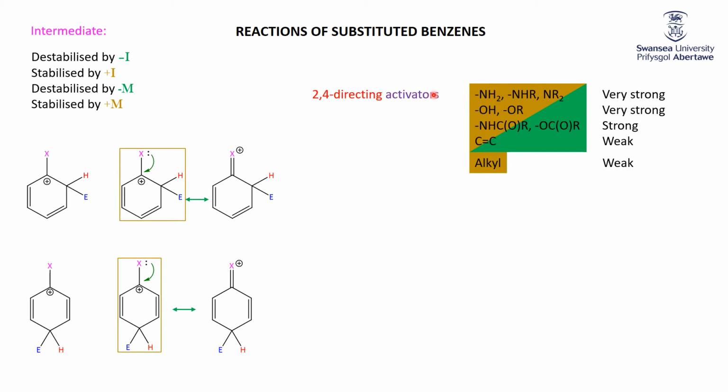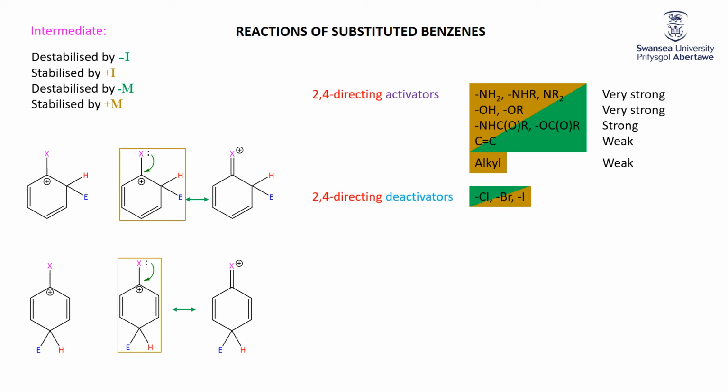It doesn't matter what activator you have, all of them are 2,4 directing. In other words, the substitution will be at the 2 position or the 4 position because of the extra stability afforded by this extra resonance structure here.